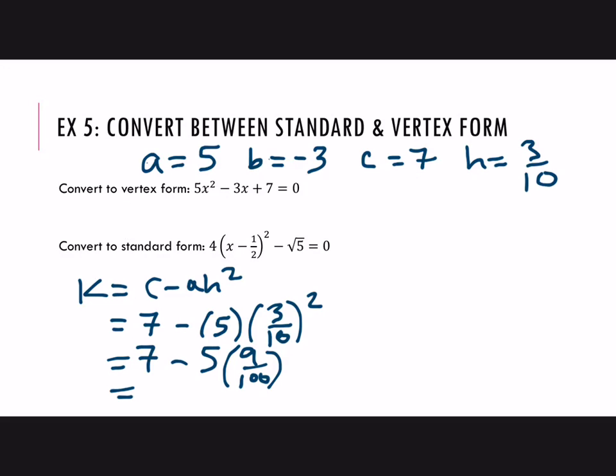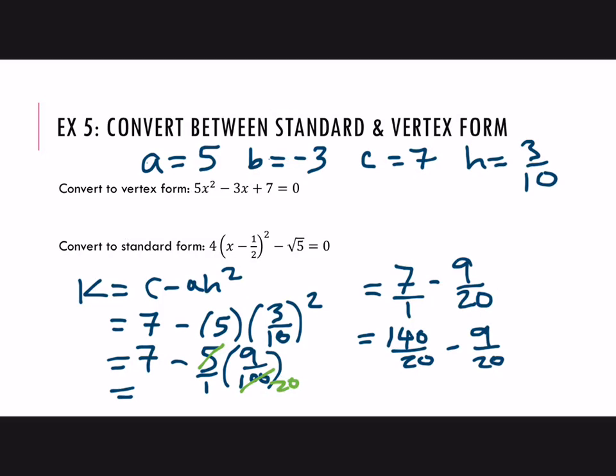Then 5 times 9/100. I would probably reduce the 5 and the 100. Divide each by 5, you get 1 and 20. So we end up with 7 minus 9 over 20. Alright, then we need a common denominator, which is 20, so this is going to be 140 over 20 minus 9/20, and that's 131 over 20.